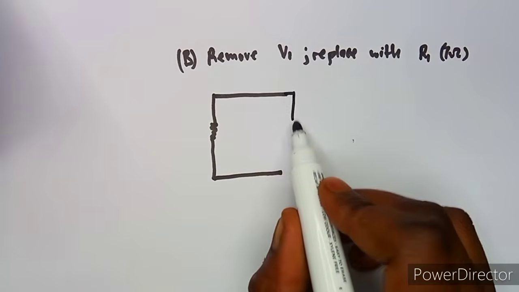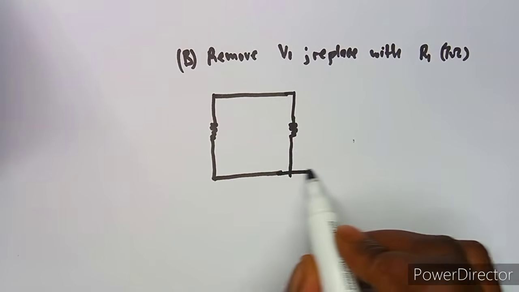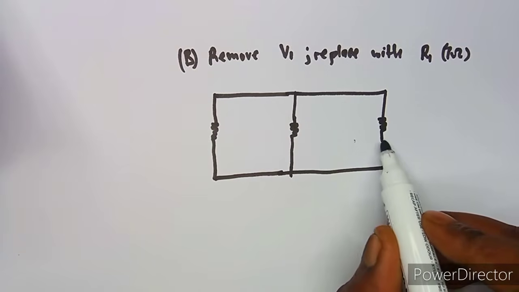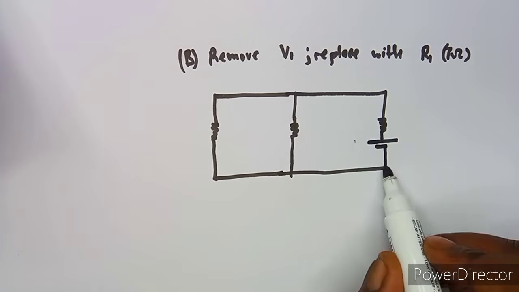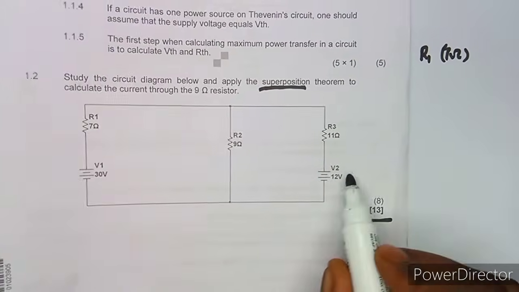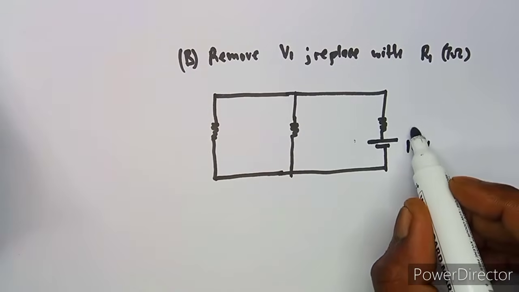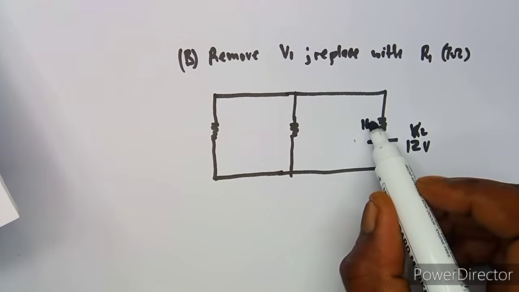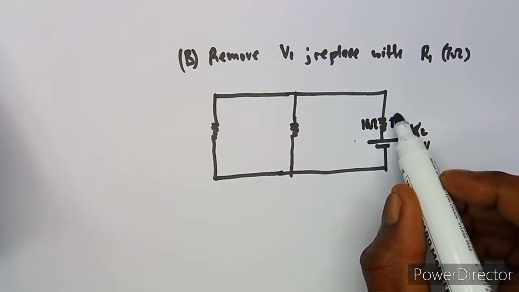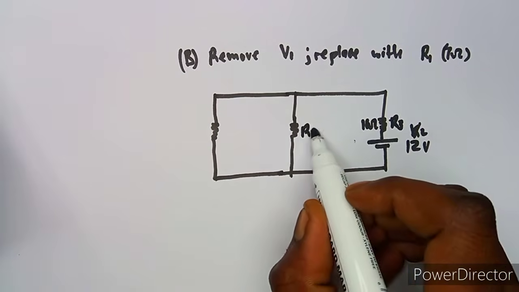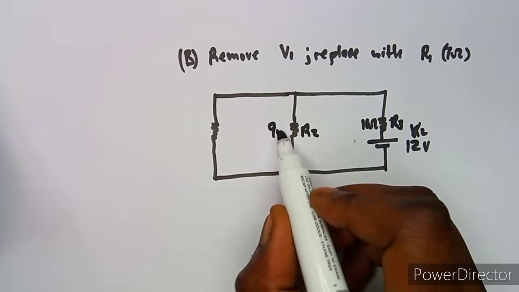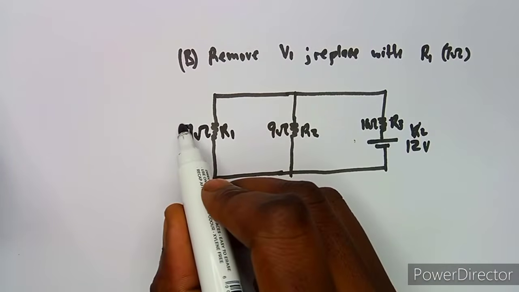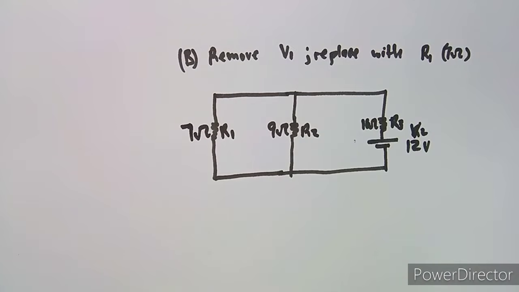These are actually the stages that most of you don't even consider when answering, but it's very, very important that it guides you in whatever you are doing. This is 11 ohms, and this is R3, and this is R2, which is 9 ohms, and this is R1, which is 7 ohms. So this will be the circuit diagram now.